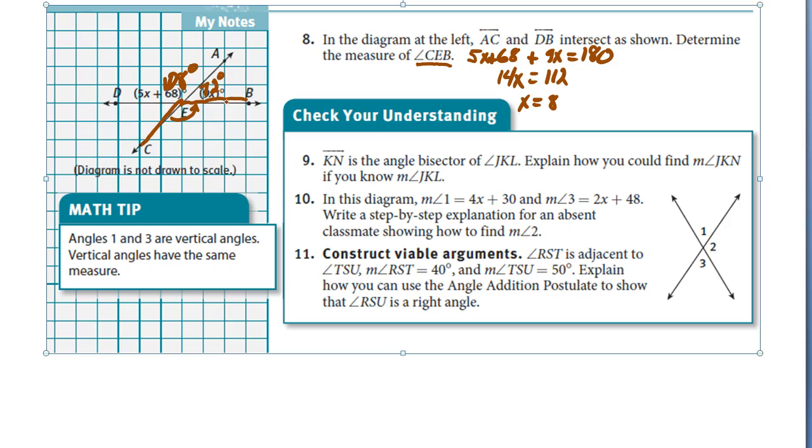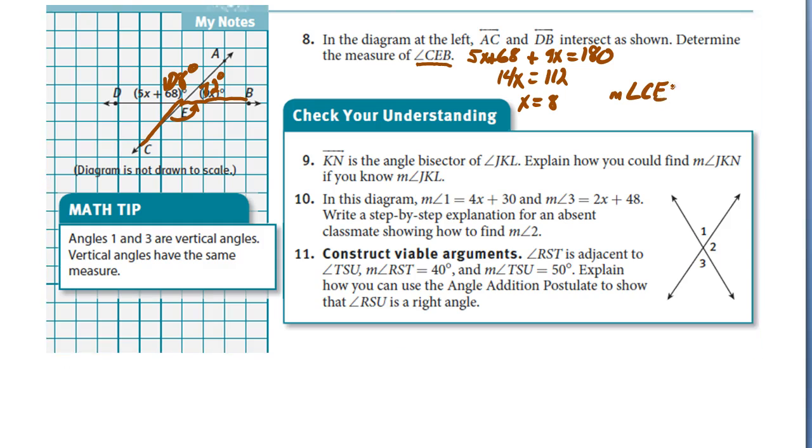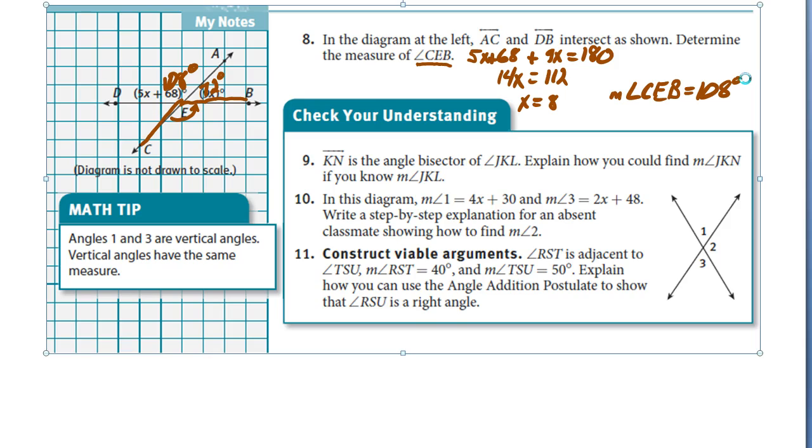They're created by the intersecting lines, and they're in those opposite spots to each other. Those are congruent. So the angle we're looking for, angle CEB, is 108 degrees. Next, we have some check your understanding questions, so I'll pause the video for you to work on these.